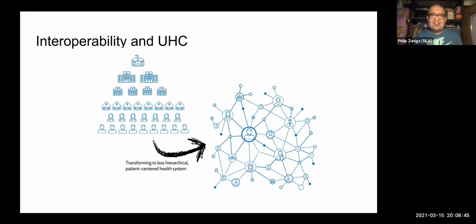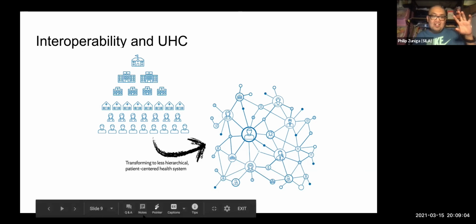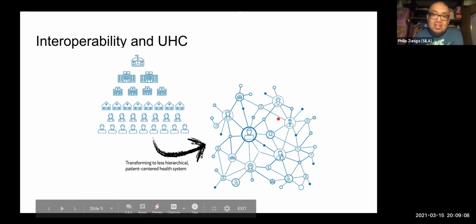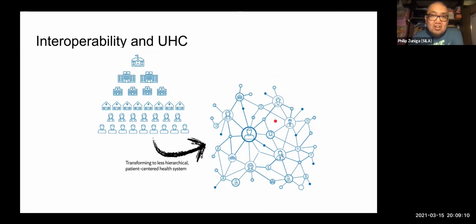Of course, we often hear the buzzword universal health coverage right now, and interoperability is a vital component of UHC, especially as we move from a hierarchical infrastructure to a more patient-centered health system infrastructure.